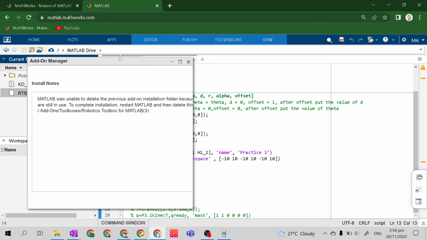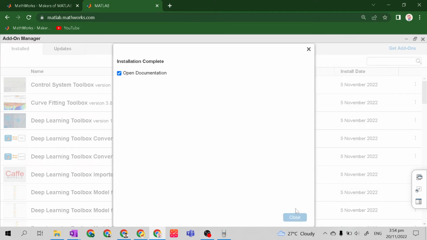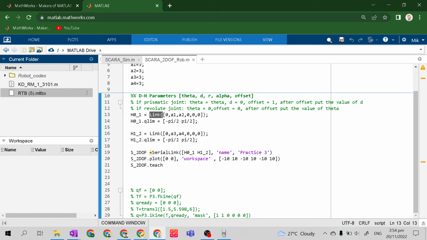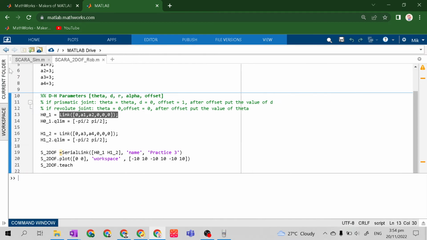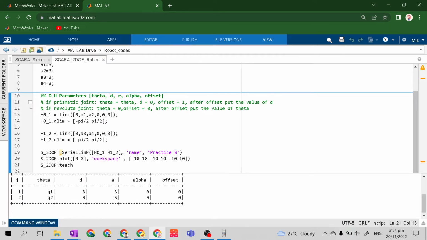Sometimes it does not install automatically. So we need to install it again so that it will recognize the commands. Okay. So let's use CLC. Then run the program. Okay, let's see, okay, it's running now.